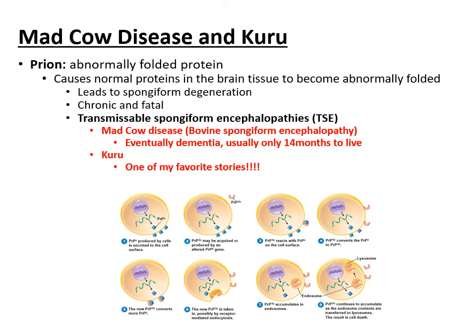And the two big examples of these TSE infections that you get from prions are mad cow disease and kuru. And remember, kuru is the one where the tribal cannibals ended up getting infected, where the women and children were dying from this prion disease because they were eating the brains of the deceased loved ones.